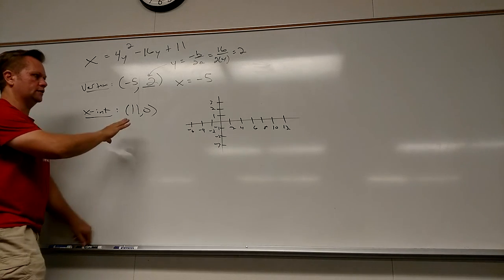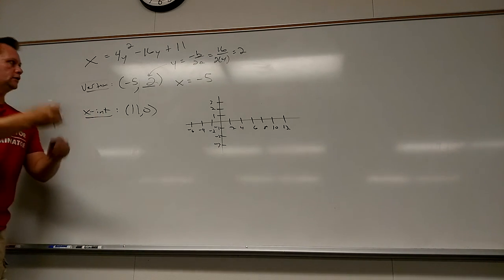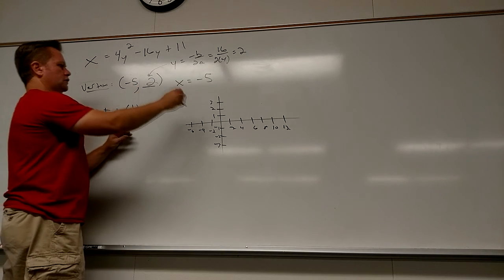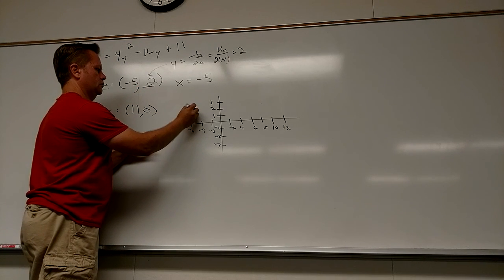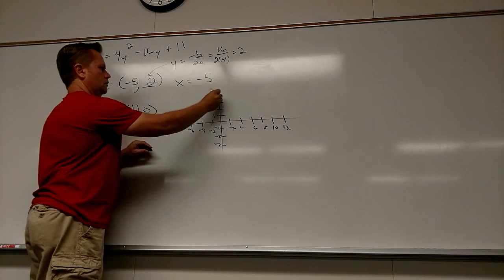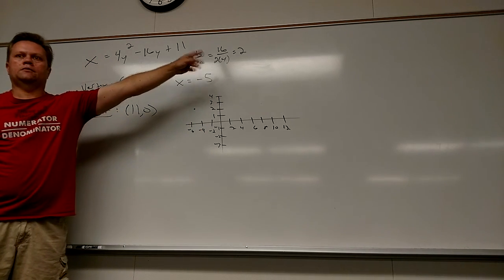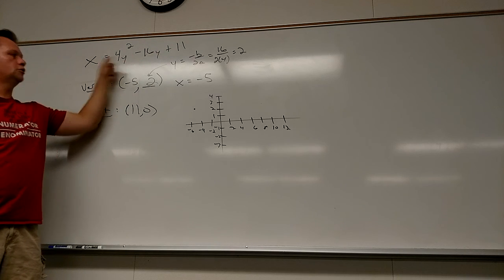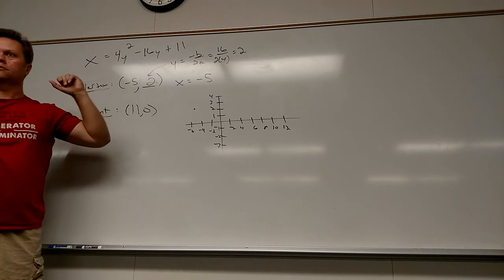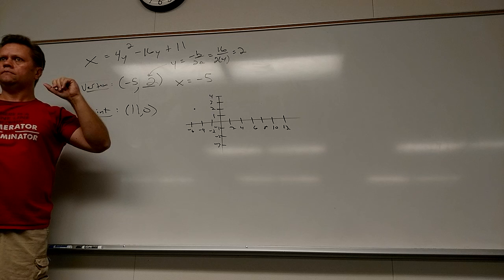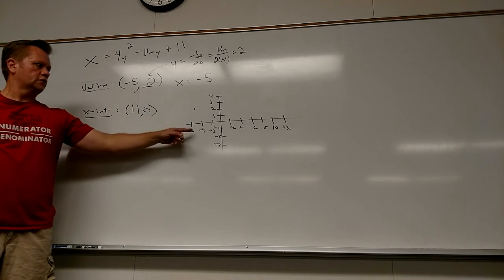So the graph, this is not as bad as it might seem. Negative 5, 2. How do you get a negative 5, please? Are you cool with us getting the y? Yes. Beautiful. Well, the minute you know y, you know x. You just got to plug it back in. There's negative 5, 2.